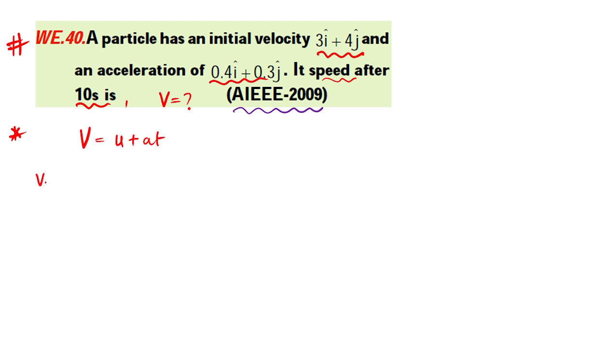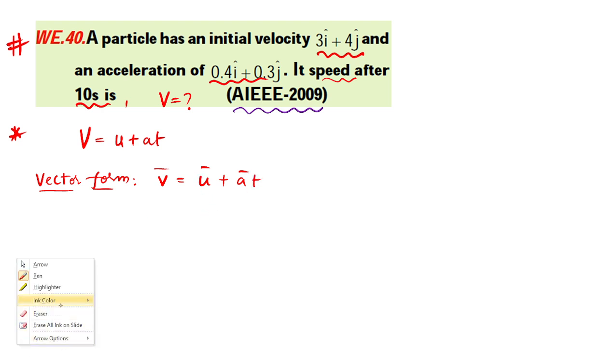Can I convert it into vector form? What is the vector form for this one? So v bar is equal to u bar plus a bar into t. Time is not a vector quantity. Yes or no? Nishan, time is a vector quantity, yeah? No, very good.